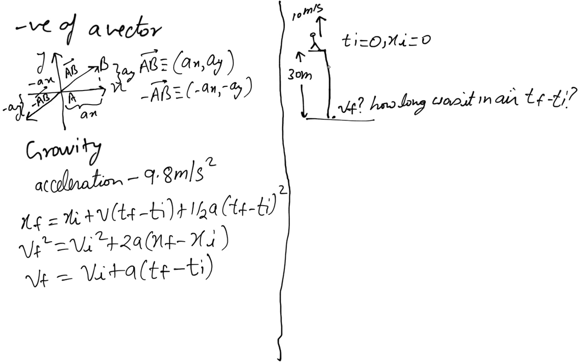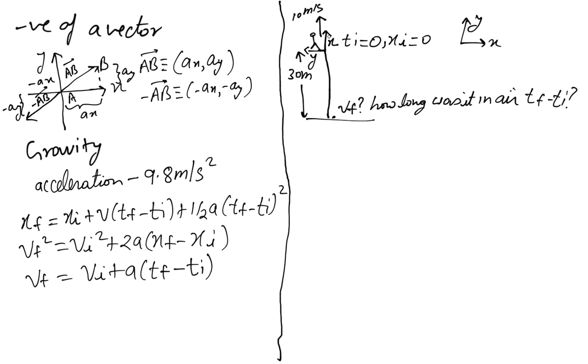Always make sure, whenever you're solving a problem on vectors, even if one-dimensional, to always define an axis system. So let's call this axis going up the x-axis. We have defined x like this and y like that, but it doesn't stop me from defining x up and y like this. But anyway, y is not playing any role here. It's just one-dimensional motion, so it's just the x-axis.